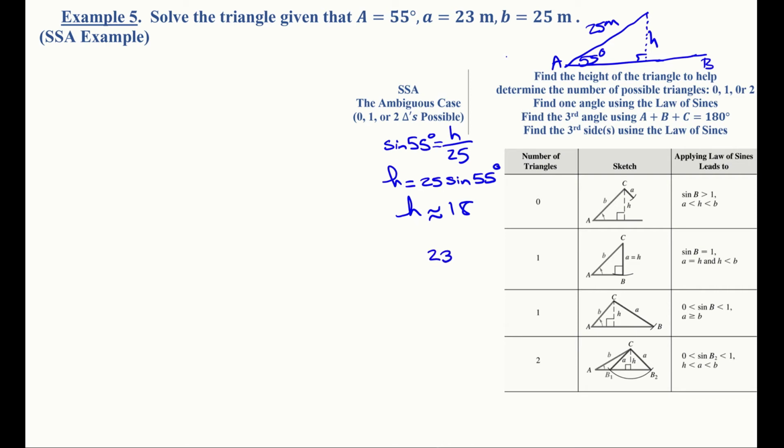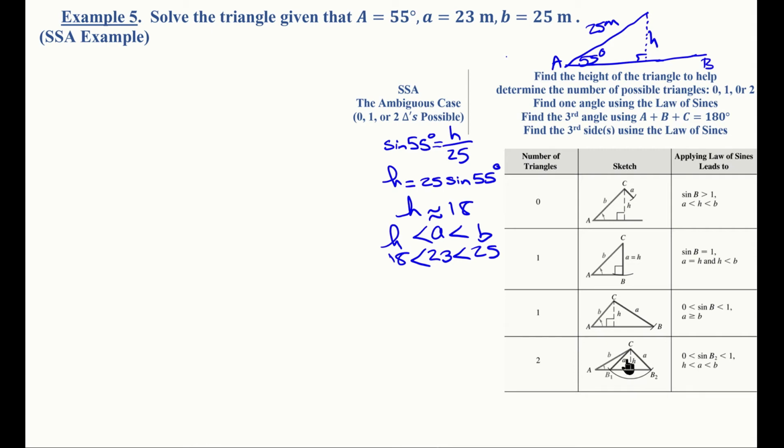Notice 23 falls between 18 and 25. If you recall, this is h, the 23 is a, and the 25 is b. So that tells you we're in this category here.